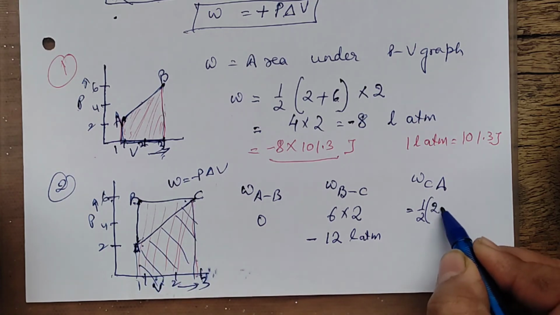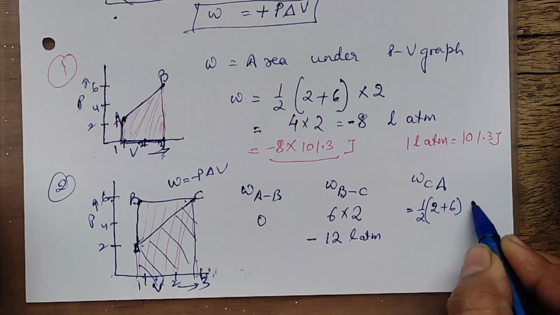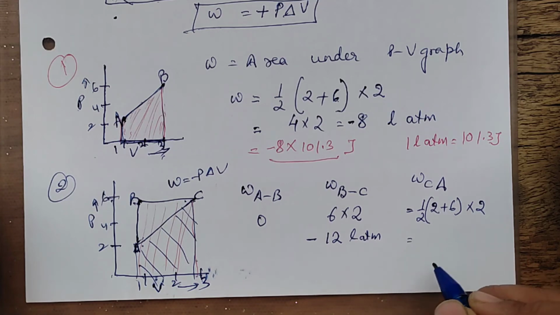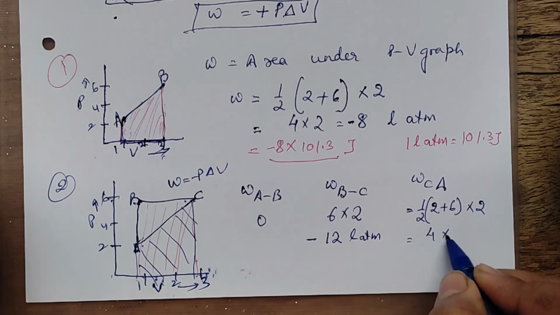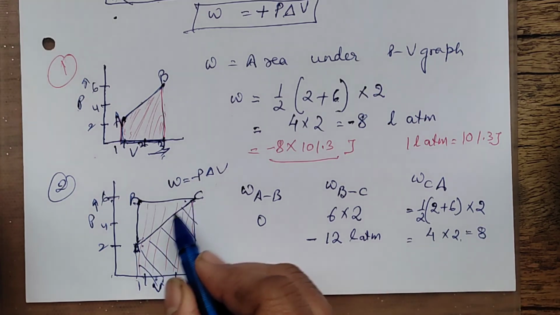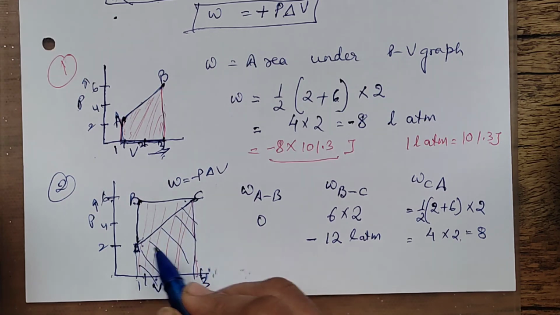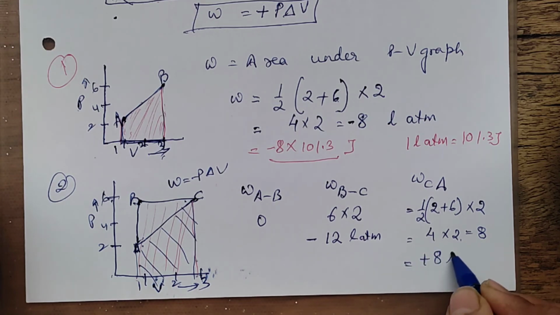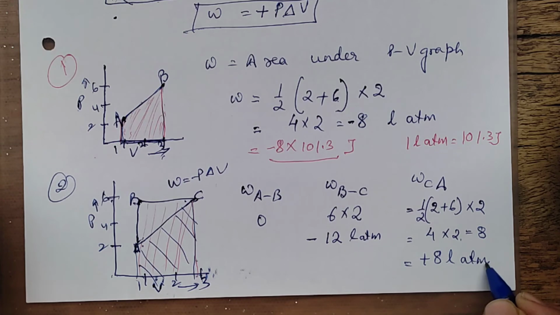So 2 plus 6, multiplied by the difference here, that is 2. That means it is 8 by 2, that is 4 into 2. That is 8. So here the answer is 8. Just check if it is minus or plus. C to A: this is initial, this is final. Volume has decreased. Work is done on the system. That means the answer will be plus. Plus 8 liter atmosphere. This much is the work done.